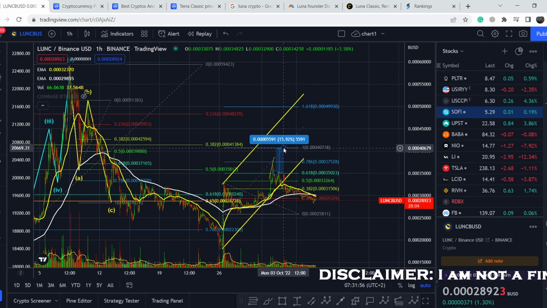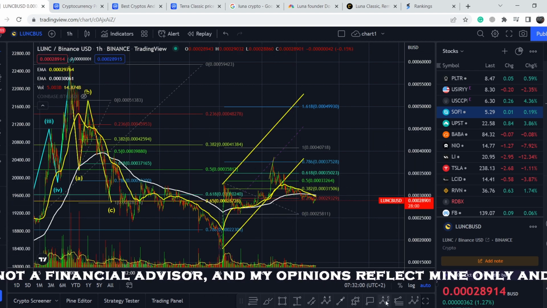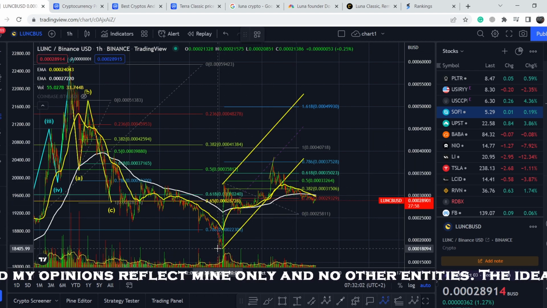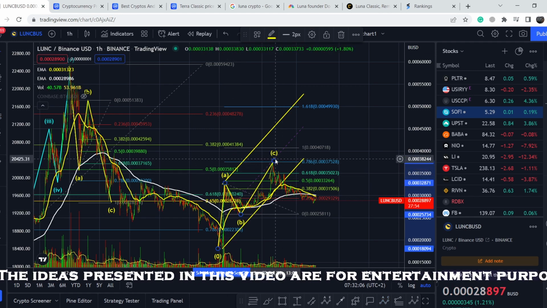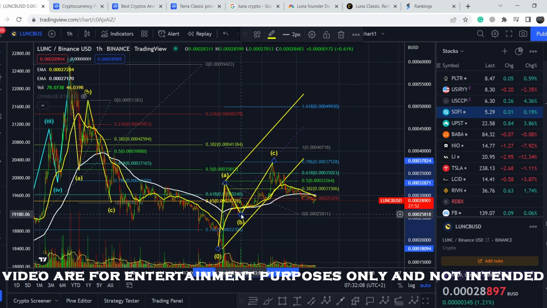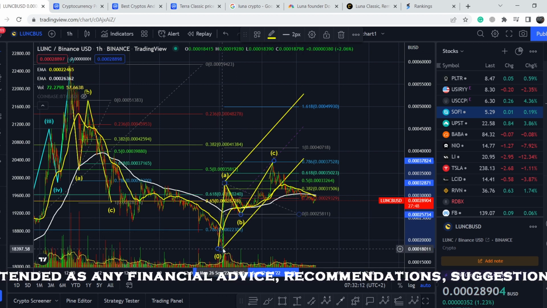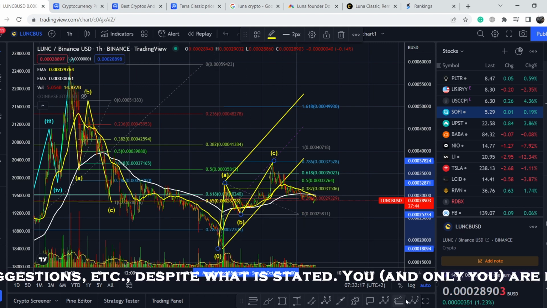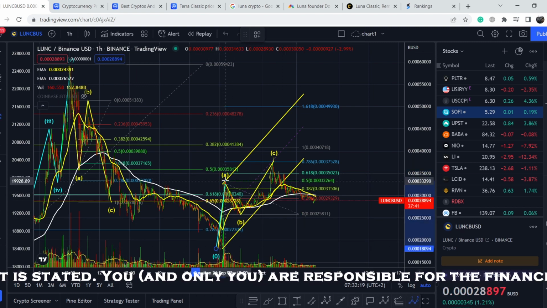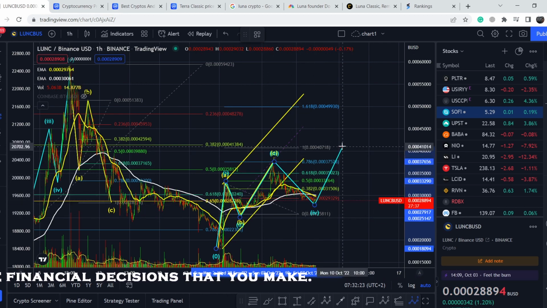So guys, we don't need unnecessary tools, and I have to say that these two waves to the upside might be, on the one hand, an ABC correction. And in this case, we have to hit lower targets. We have to break the bottom of the B wave, and we have to break the initial bottom right here. And the other case is that this is our first wave, this is our second, third, fourth, and fifth.